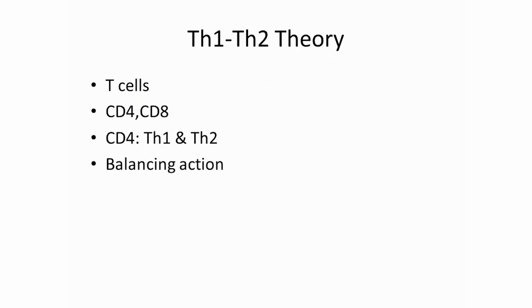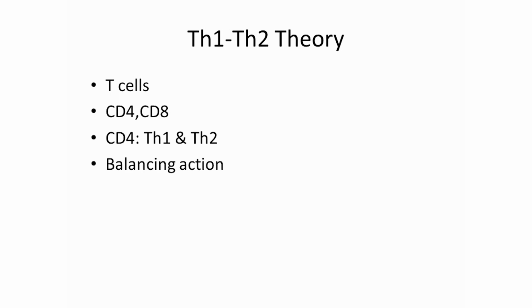This is important: the Th1 and Th2 theory. The T cells, which are part and parcel of adaptive immune mechanism, are further divided into CD4 and CD8. CD4 are the helper cells, and CD4 cells and even their cytokines are broadly classified into two groups. One group is Th1 and another group is Th2.